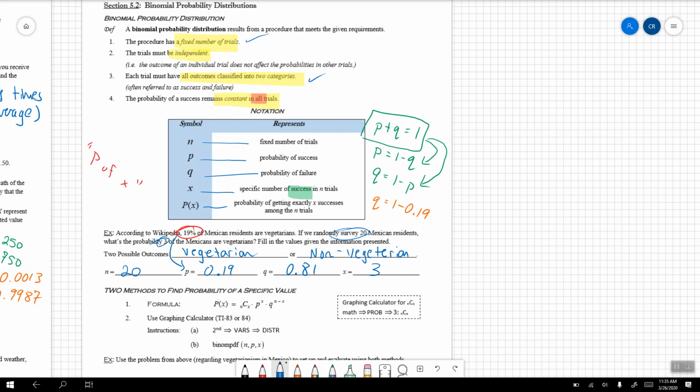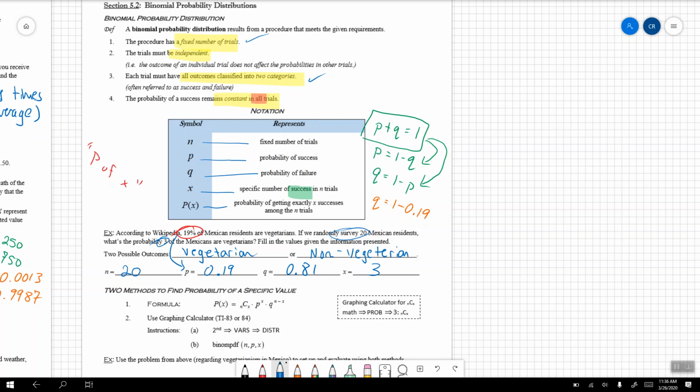So every single trial that we run, let's see if they're independent. If we go to one household and we find that the Mexican residents there are vegetarian, does that somehow change the probability of me going to, say, a house down the street and finding out if those Mexican residents are vegetarian or not?